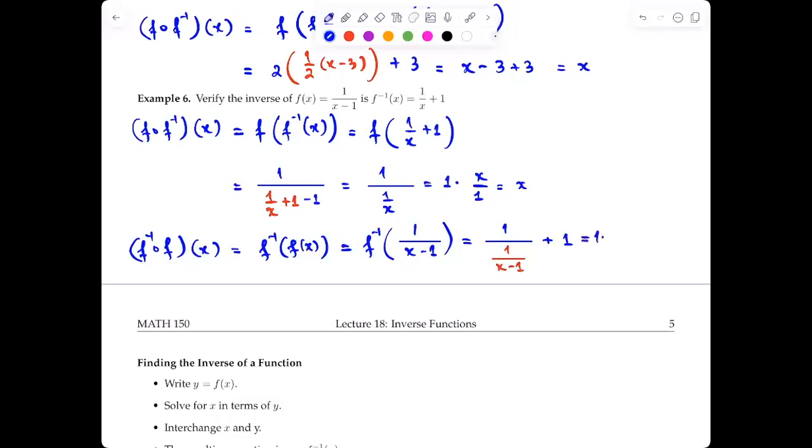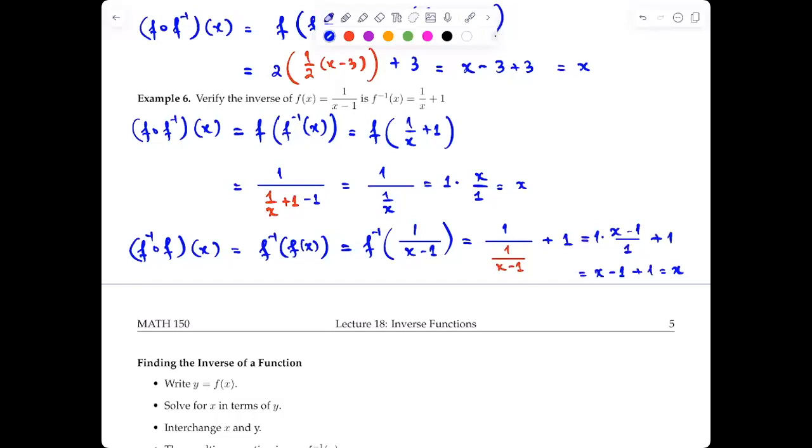So 1 times x minus 1 over 1 plus 1, or x minus 1 plus 1, equal to x. Any questions?